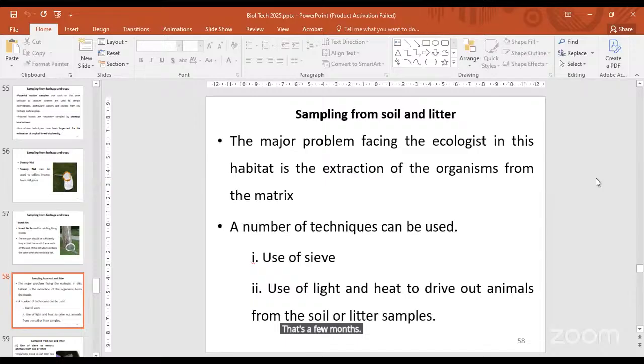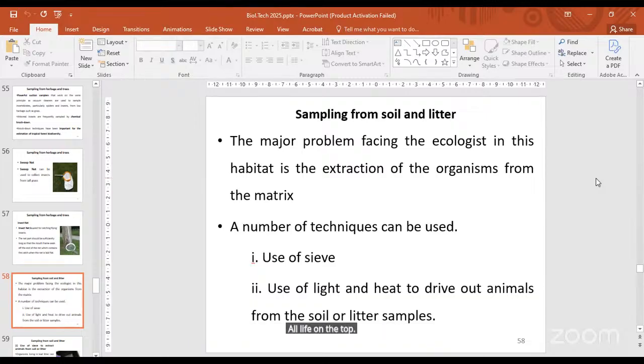Where that is not appropriate, you can decide to use heat or light to drive them out of the soil. You put the soil sample in a funnel-like device, and then you apply heat or light from the top.